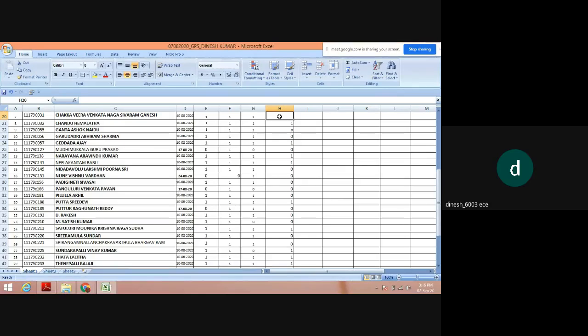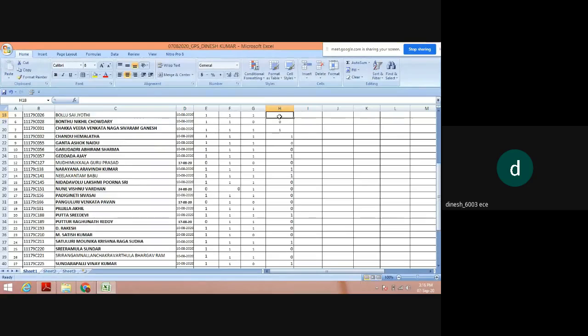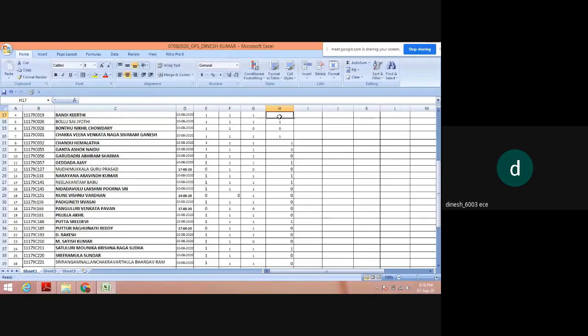Shivaram Ganesh, present, sir. Nikhil Chaudhary, Sai Jyoti, present, sir. Sai Jyoti, is today's work over? Over, sir.